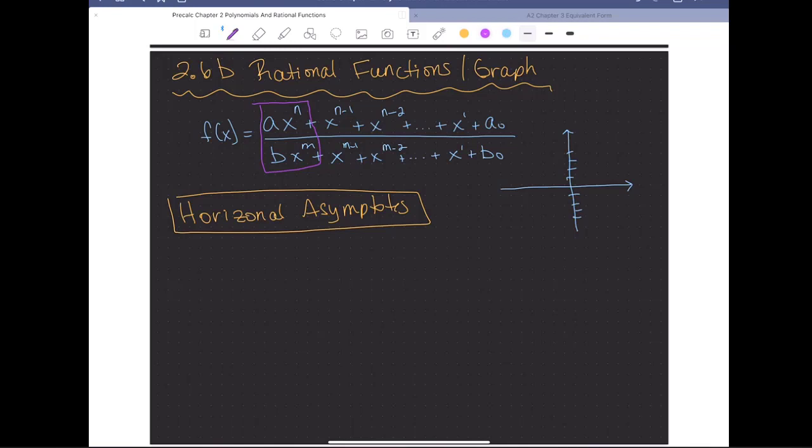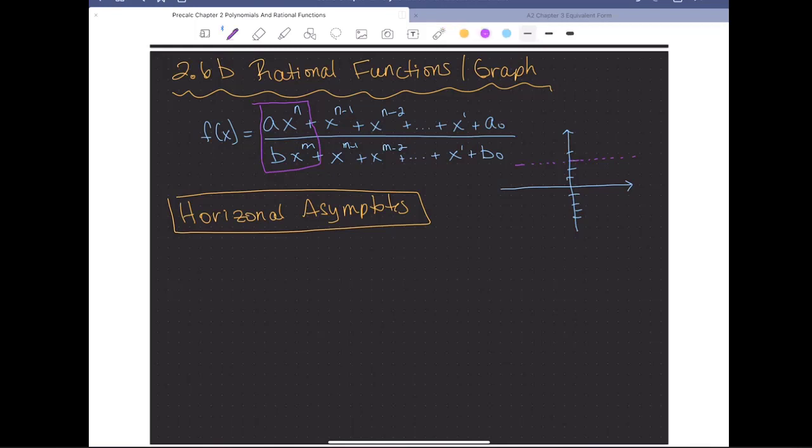Say we had a horizontal asymptote when y equals 3. It would be something like this. That would be the line that we get really, really close to, but can't touch. So we want to focus on this first part of our rational expressions, because that's going to tell us where or if we have horizontal asymptotes.